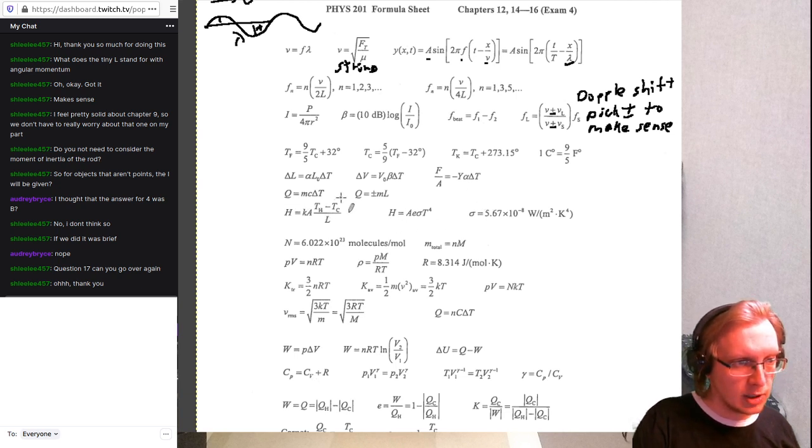These equations here are about heat transfers. So we have, let's see here, this would be Q, this would be for heating or cooling a material. And this one is for melting or freezing a material. This one here is for conduction.